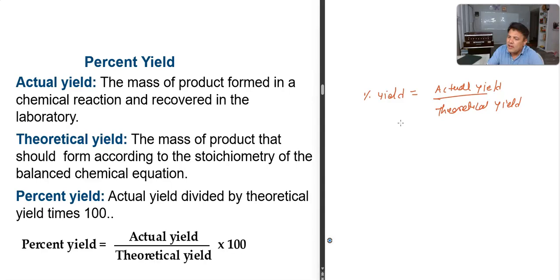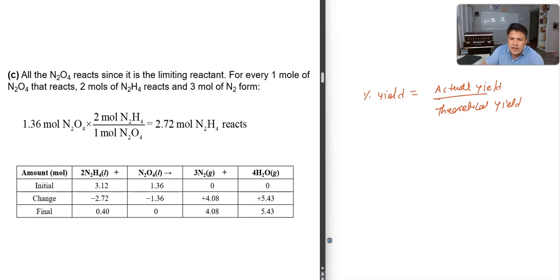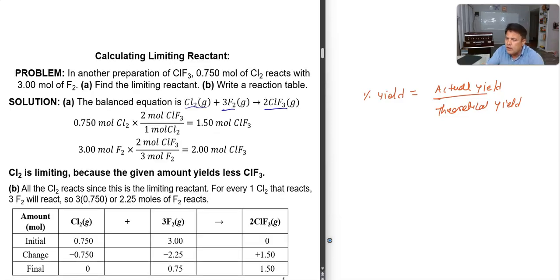So for example, what was your theoretical yield in the previous case? We discussed it last time, this one, 1.5. Theoretical yield is equal to 1.5 mole. You can convert that into grams, 131 something, we have converted that. So that is your theoretical yield.